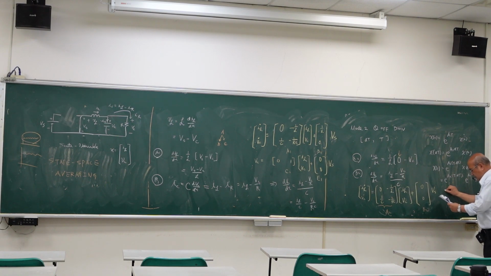So then we can say this is e^(A2 (t minus dt)) e^(A1 dt) x0.